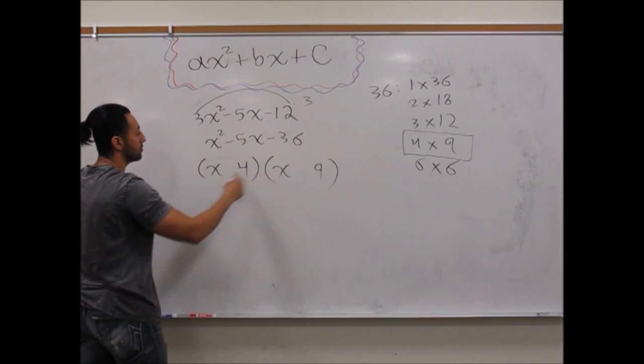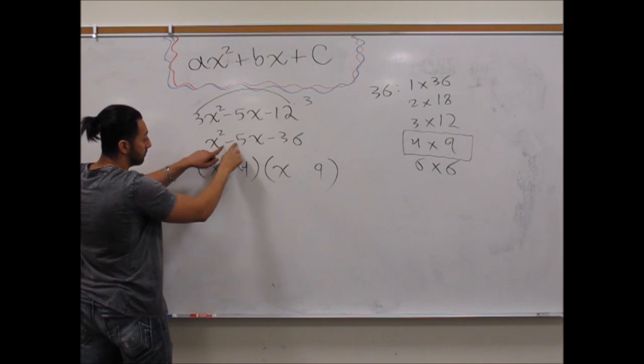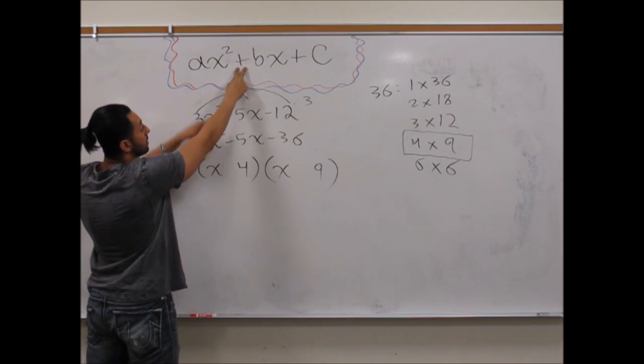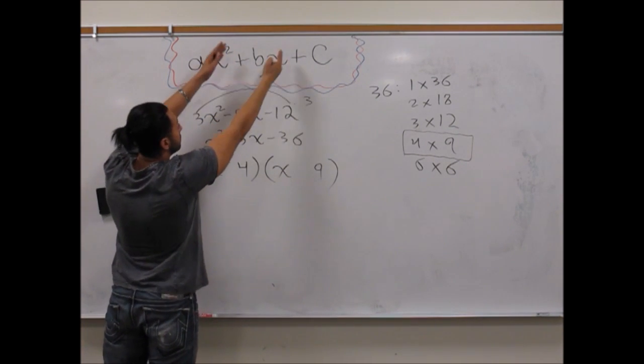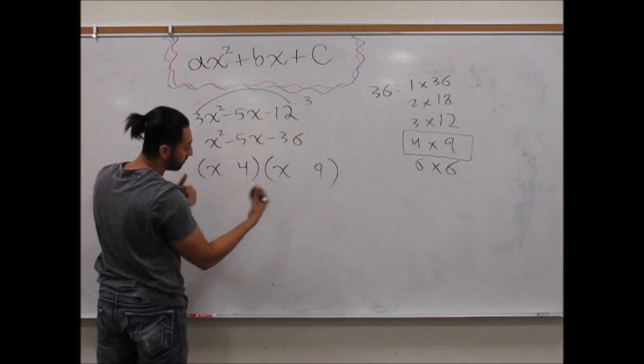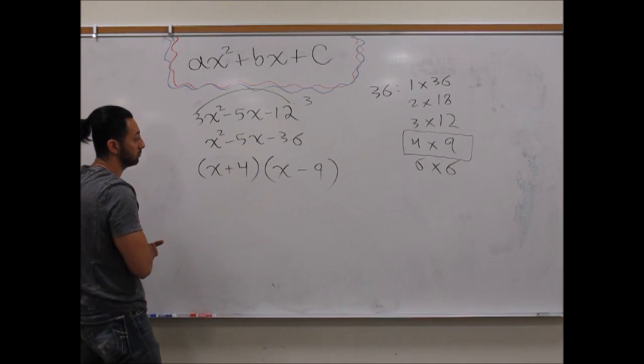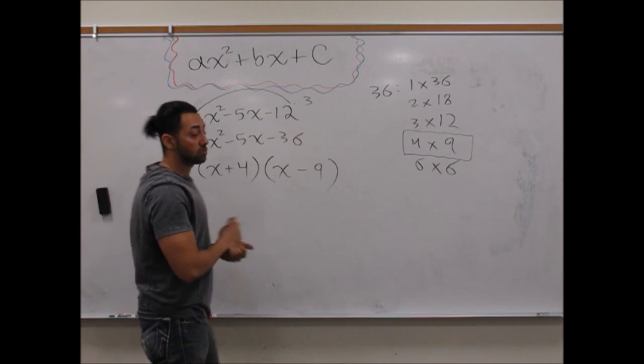So we said when that happens, you come to the middle term, which is a negative 5. You come to the sign of this middle term here, and you give it to the bigger number. So it's a negative, so I'm going to give that to the 9, and keep the plus over here under 4. So are we done yet?